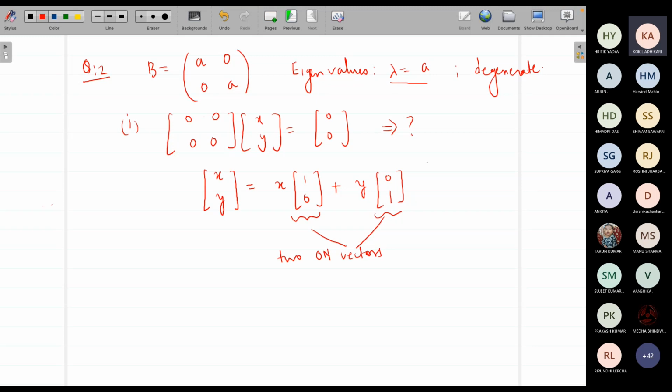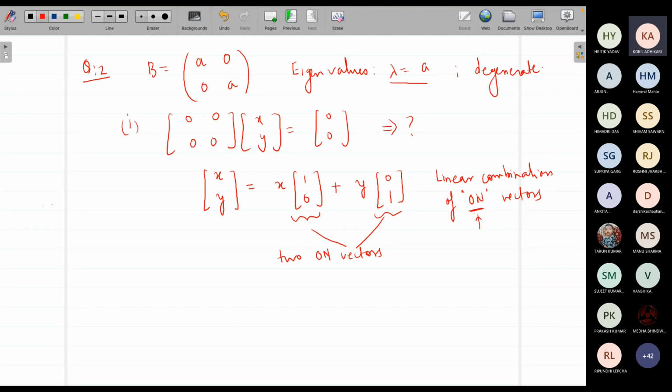So even though in this case we have degeneracy, that means two eigenvectors correspond to the same eigenvalue, I can still make a linear combination of orthonormal vectors. By the way, is this combination unique, x times (1, 0) and y times (0, 1)? Is this the only possible orthonormal set in which you can expand it?